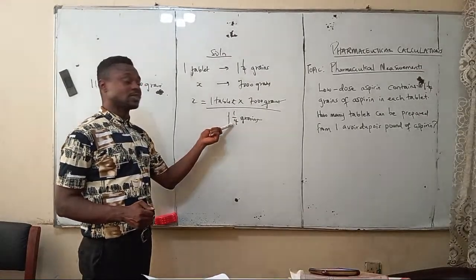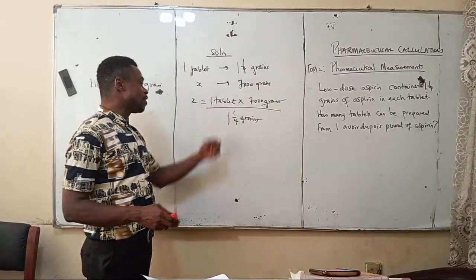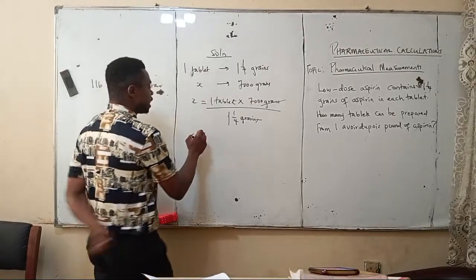We move this mixed fraction to improper fraction. So we have 1 tablet times 7,000 over 5/4.